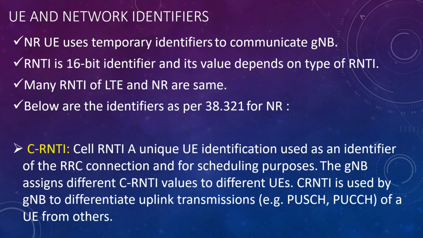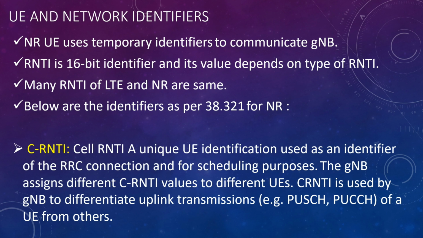So UE and the network identifiers. NR uses a temporary identifier to communicate with the gNodeB. RNTI is a 16-bit identifier, and its value depends upon the different types of RNTIs. Already I have told you that RNTIs of LTE and NR are almost the same.